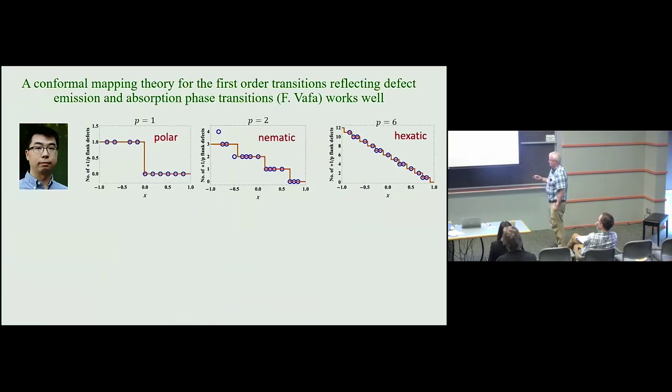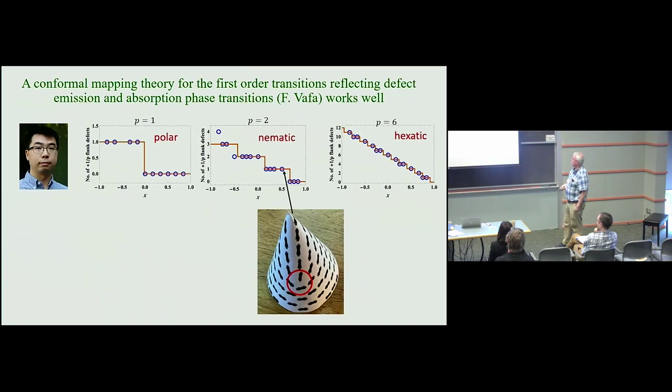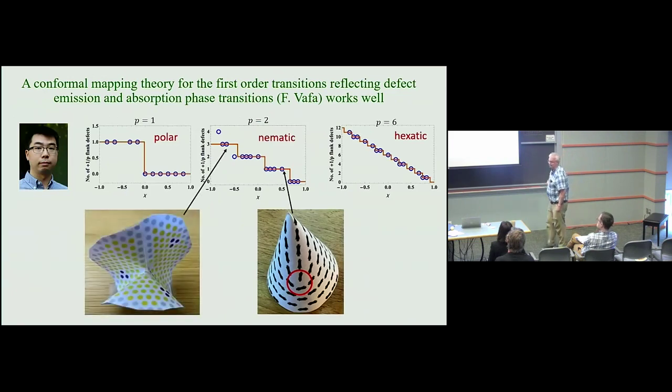And in fact, Cheng Long, that's a picture of Cheng over here, has studied, and Farzan Fafa and Grace Zhang have worked on this as well, what happens as a function of chi when you look over these things. And in fact, you can take a look, let's say for p equals 2 nematics, and try to figure out what the ground states are. And so this is what we've just been talking about for conventional cones. This is a hyperbolic cone.